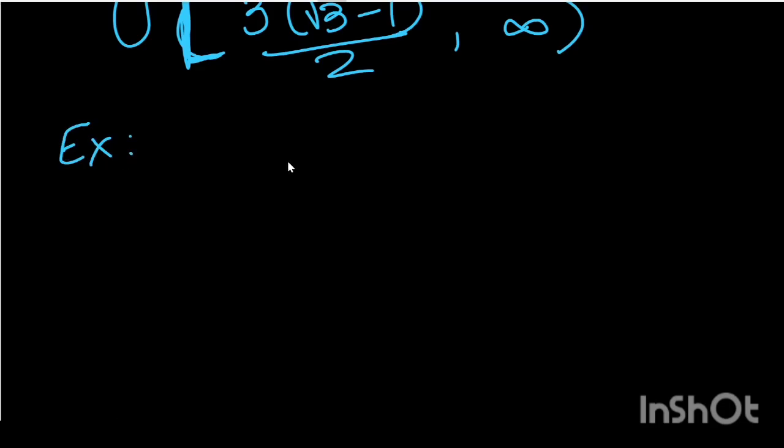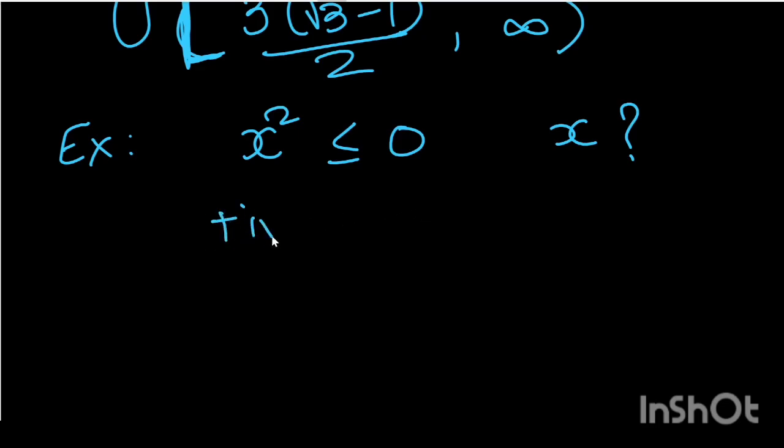Now let's take, we saw some basic identity, x square greater than or equal to 0, greater than minus alpha square. What if in a similar pattern I ask you x square less than or equal to 0, what is x? So guys, as you can see, x square is a positive number.